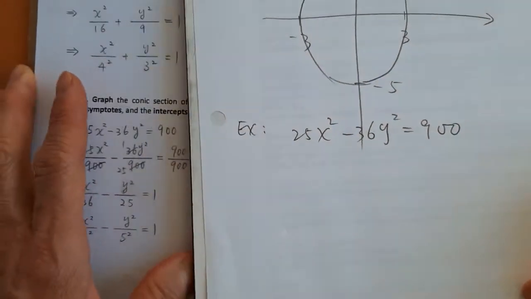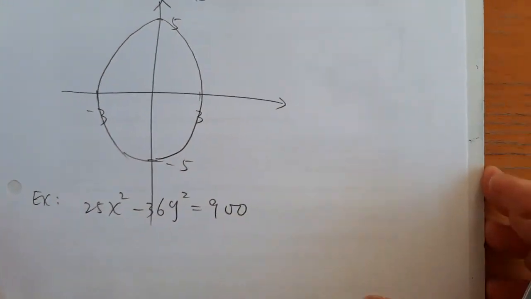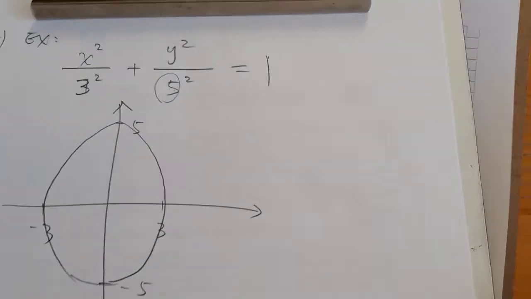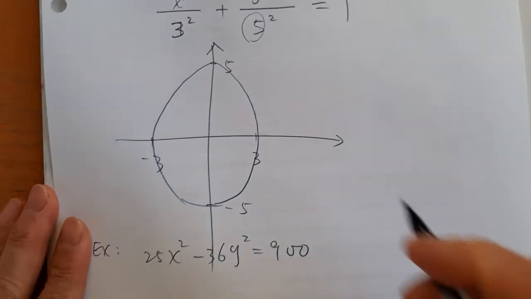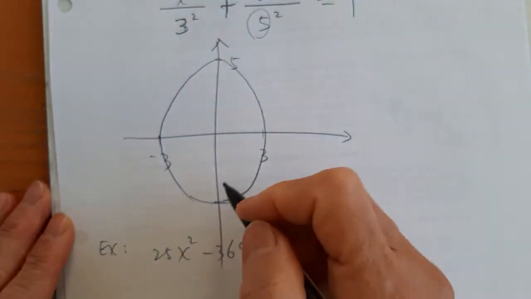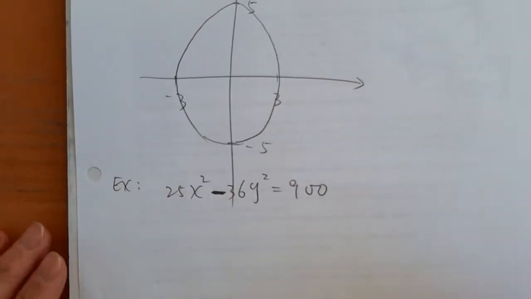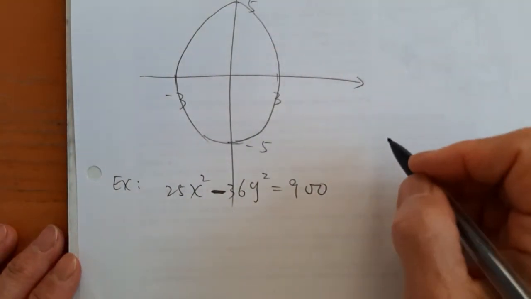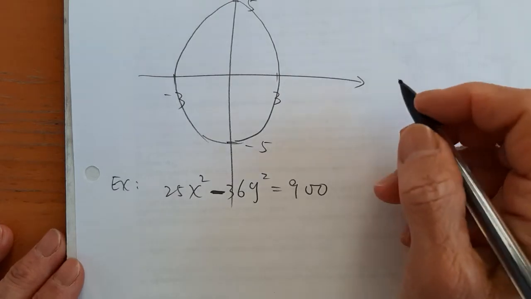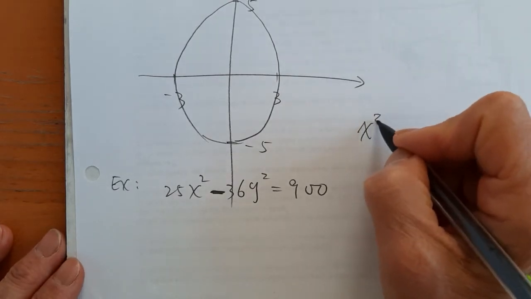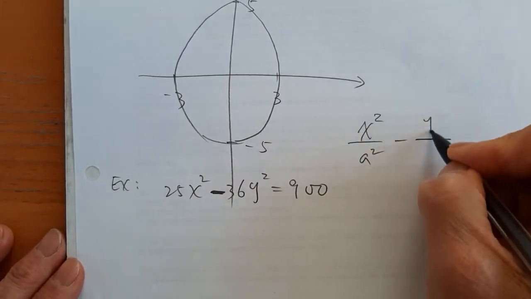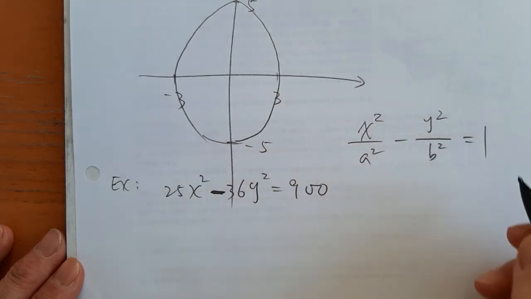This example. Now, first of all, for the hyperbola, if it's a plus, it's an ellipse; if it's a minus, it's a hyperbola. First of all, you have to put it in general form. The general form of a hyperbola is x squared over a squared minus y squared over b squared equal 1.